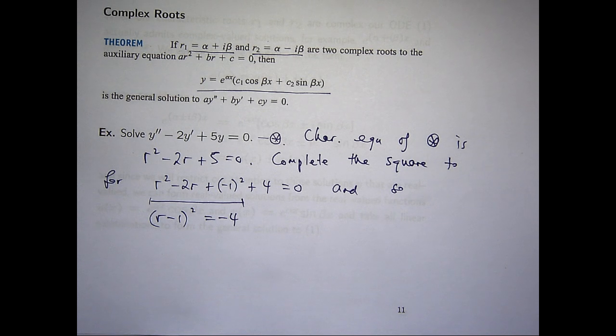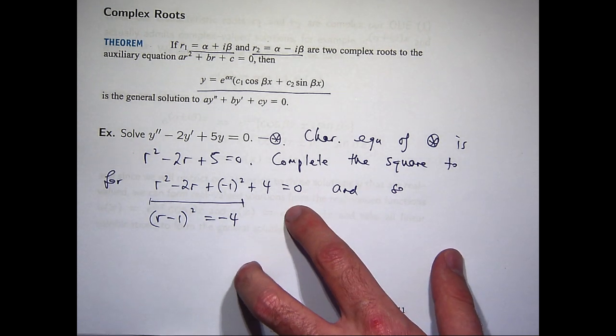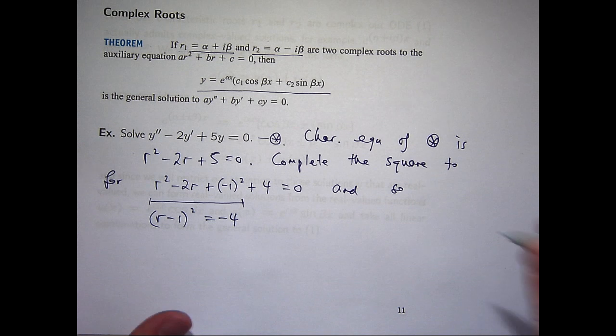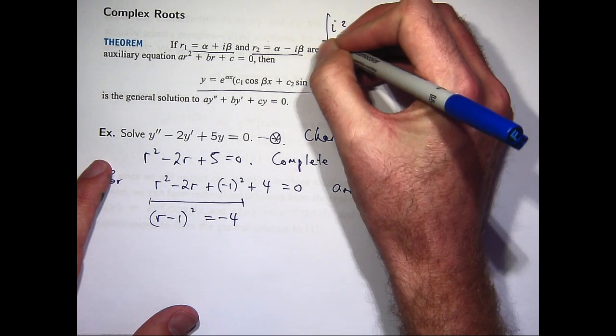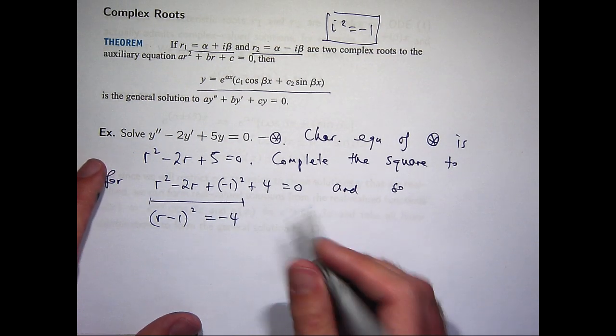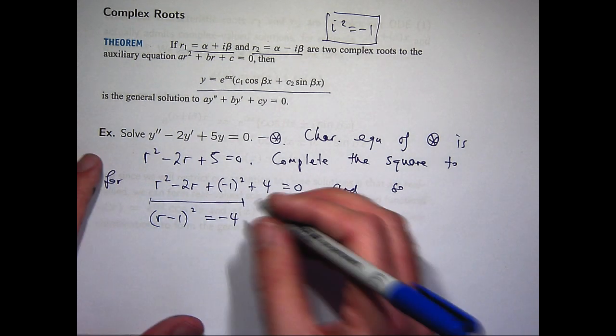All right, well, if you think back to complex numbers, what's that? So I've just taken this 4 to the other side. Okay, so if you think back to complex numbers, remember i squared equals negative 1. I can write minus 4 as something like 4 times i squared.